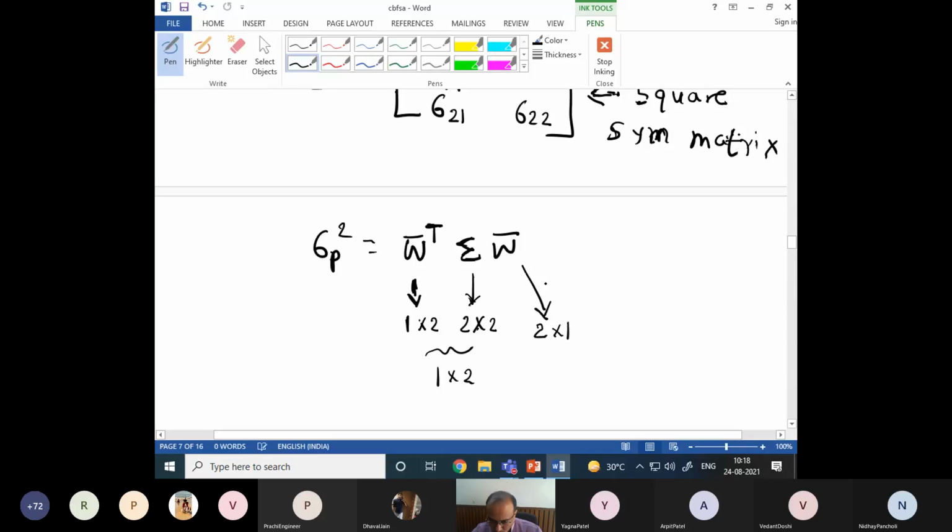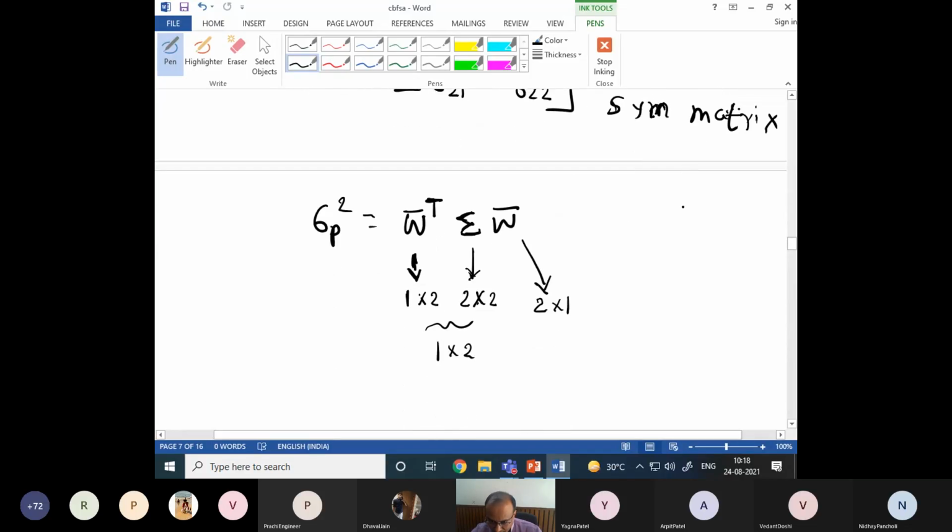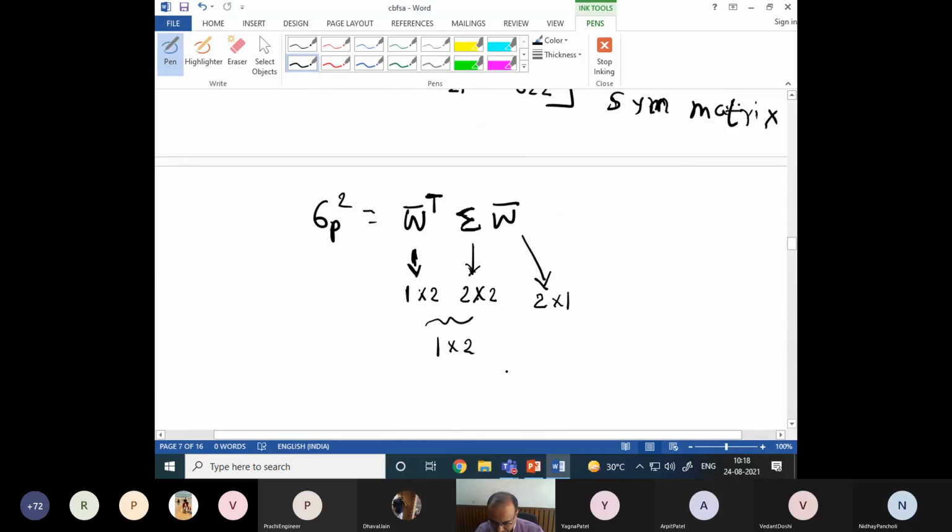You can see it has 2 rows and 1 column. It's a column vector, right? So ultimately, if you combine these two, you get a 1 cross 1 answer, which is a scalar one, and sigma p square is a scalar quantity. So you can see this gives us this answer. Anyway, we have sigma p square equal to W transpose sigma W.